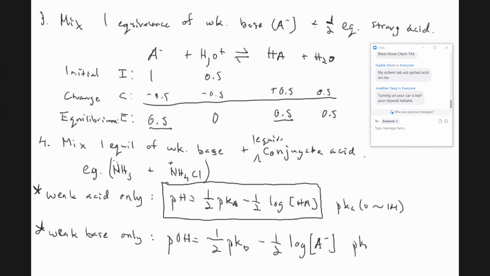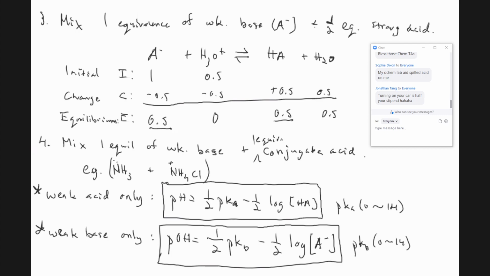This is when pKb is between 0 and 14 as well. So these 2 equations are lifesavers on your MCAT or any type of multiple choice dealing with weak acid, weak base, or any type of buffer situation. Okay.